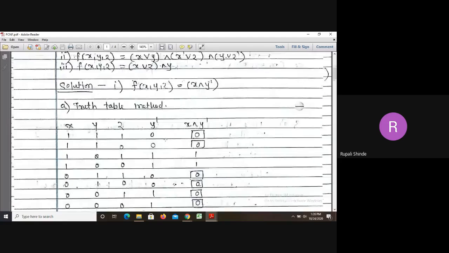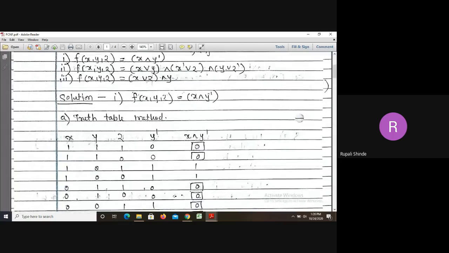The first 0 is written in the first row, and the values of x, y, z are 1, 1, 1. Now we have to mention that a variable is in its original form if its value is 0, and we have to give its complement if its value is 1.